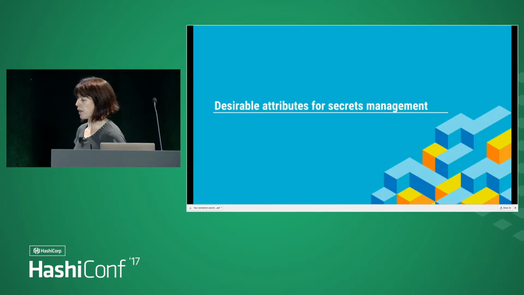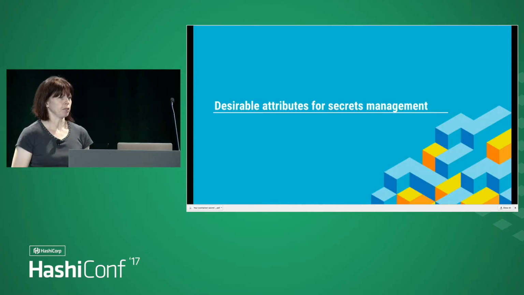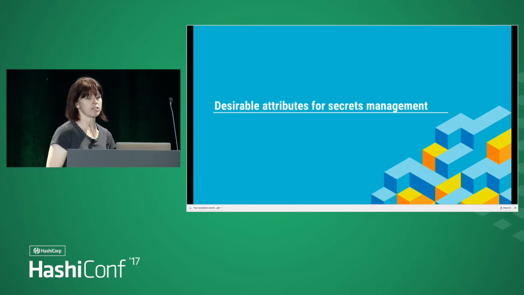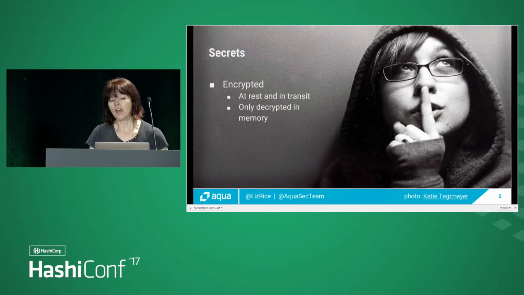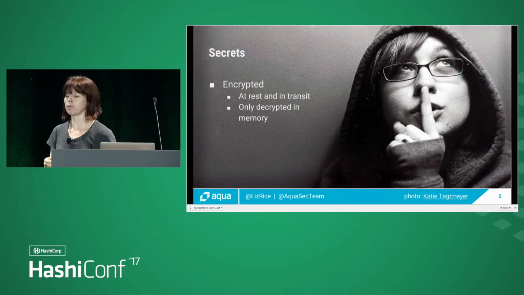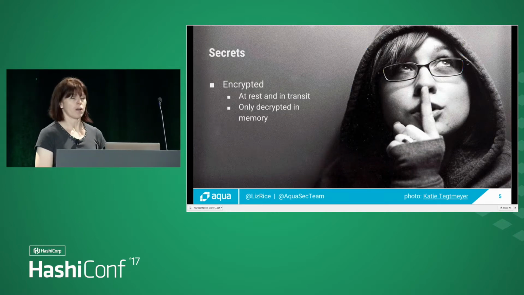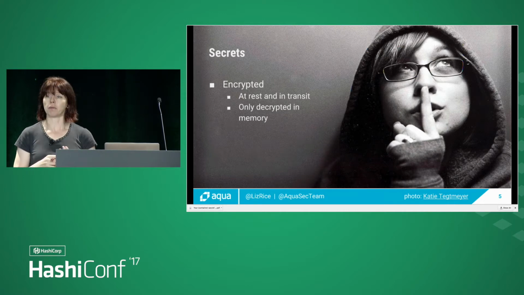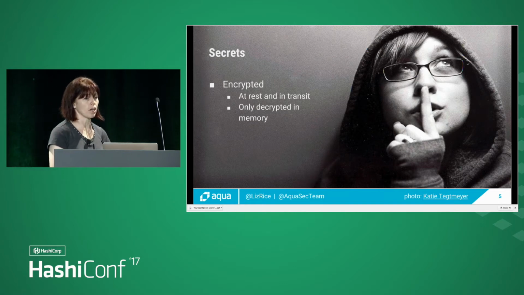So let's think a little bit about desirable attributes, things that we would like to see from secrets management. So very importantly, we would like to encrypt our secrets. We want them to be encrypted when they're in storage, and we want them to be encrypted when they're flowing around between machines in your cluster.